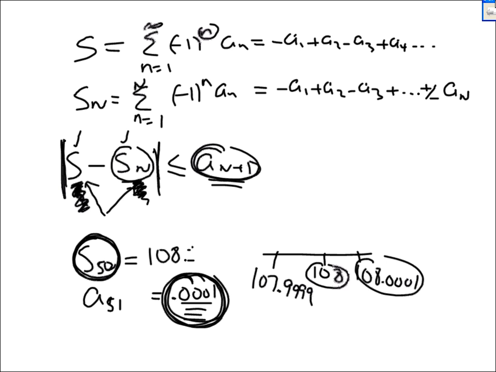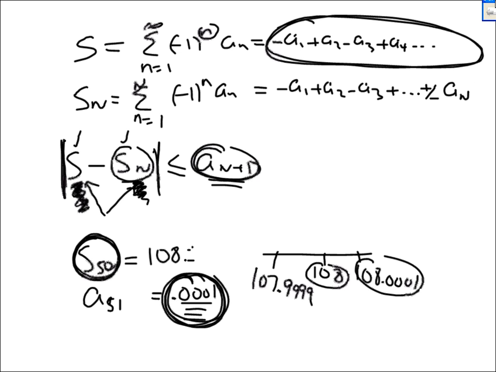Or maybe the length of something happens to be defined this way, and it better be close to 108. It has to be within that amount. You don't have to add up all the terms. You just have to add up the first 50 terms.